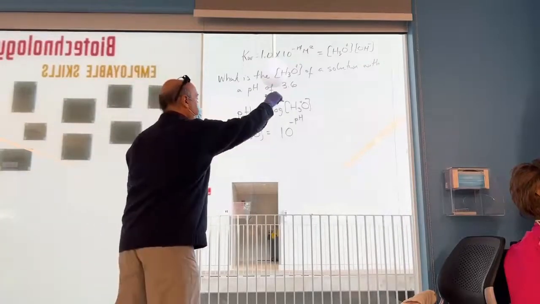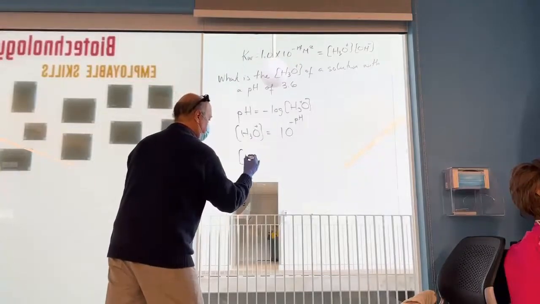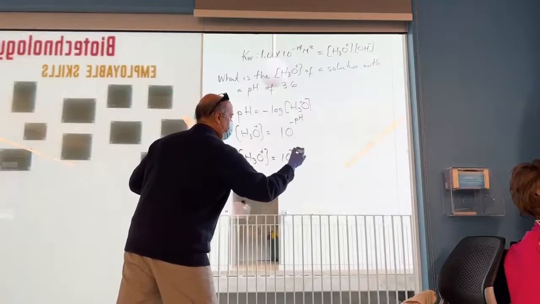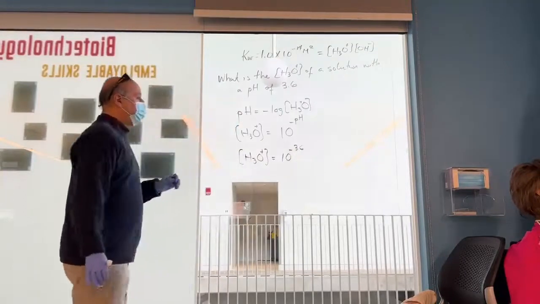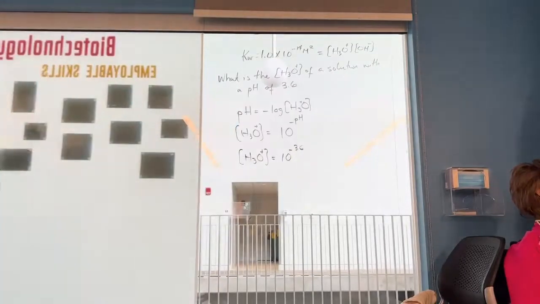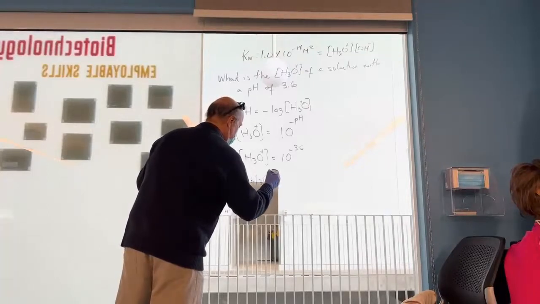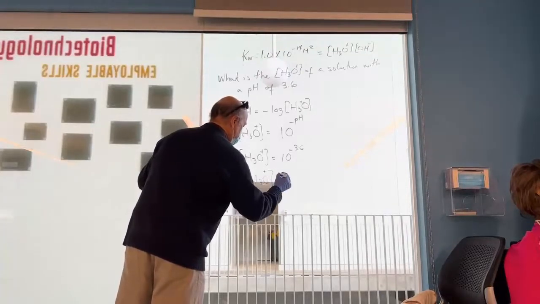So to answer the question, we need to ask a calculator to do the following for us. What is 10 raised to the negative 3.6? If you enter the numbers correctly, we should get the same number that we got before, which is what we started with.